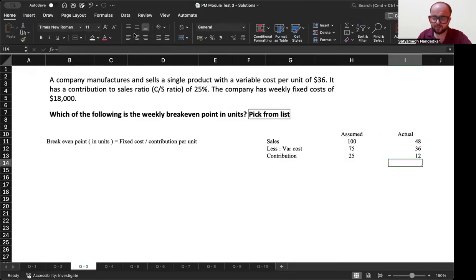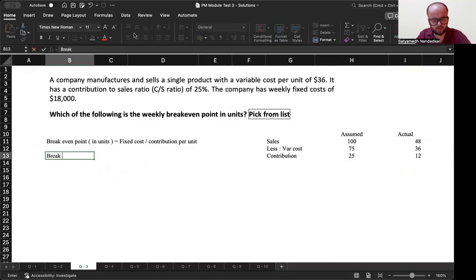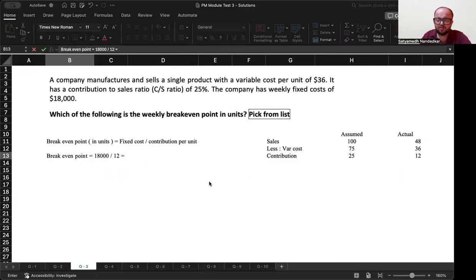Contribution is 12. Okay, this is my actual data. Now, my break-even point would be fixed cost, which is 18,000, upon 12. That would give you 1,500, right? So that is your break-even per week.